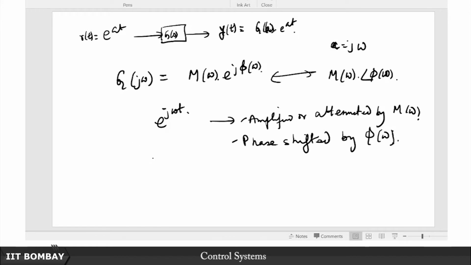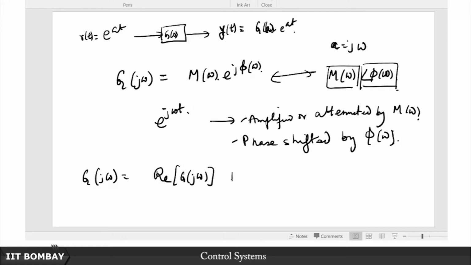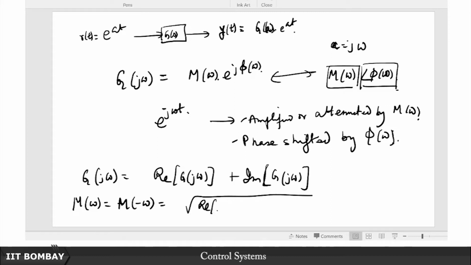Okay, so now that we have seen this, let us try and understand what form this M(omega) and this phi(omega) takes. So of course, as with any complex number, we can split up this G(j omega) into its real part of G(j omega) plus the imaginary part of G(j omega), and then we know that the magnitude function M(omega), which is an even function as we have seen, is going to be nothing but the square root of the real part of G squared plus the imaginary part of G squared.